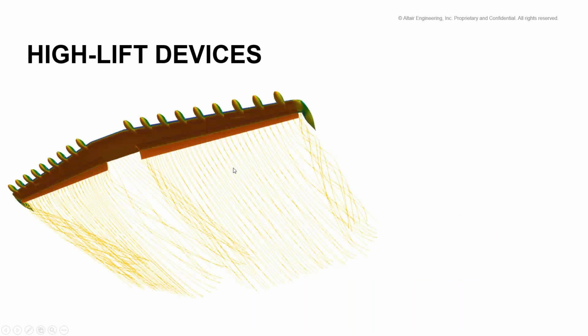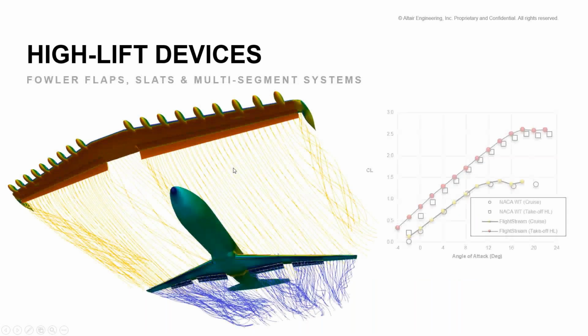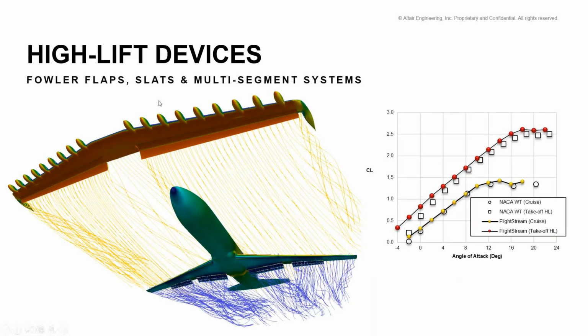Likewise, we are now talking about Fowler flaps, slabs, and multi-segment systems. You can see this kind of simulation, where we are talking about the high wind gusts coming off another flap. This is under the X-57 program by NASA, where they have used it with Fowler flaps for multi-segment systems.